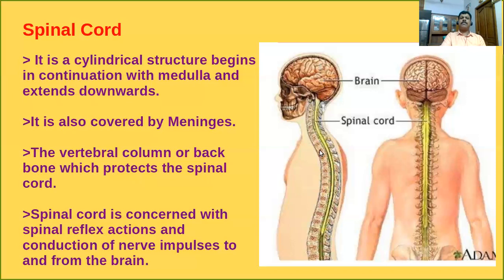So the spinal cord plays an important role in the conduction of nerve impulses, from sense organs to the brain or from muscles and glands to the brain. At the same time, the impulses from the brain to different parts of the body. Everything should occur through the spinal cord. So the spinal cord is one of the most important regions of the central nervous system.